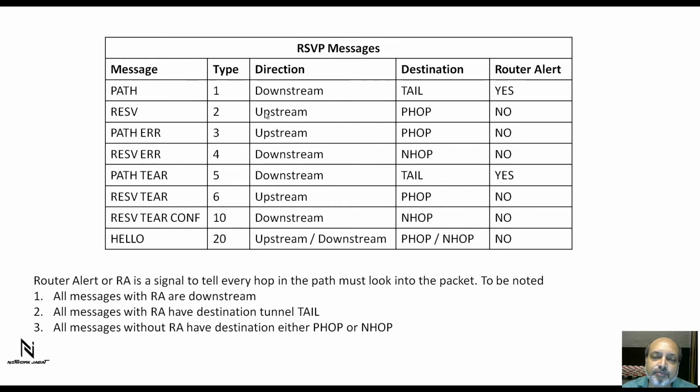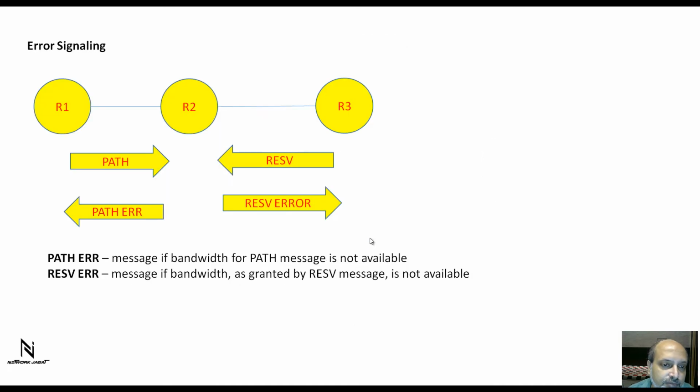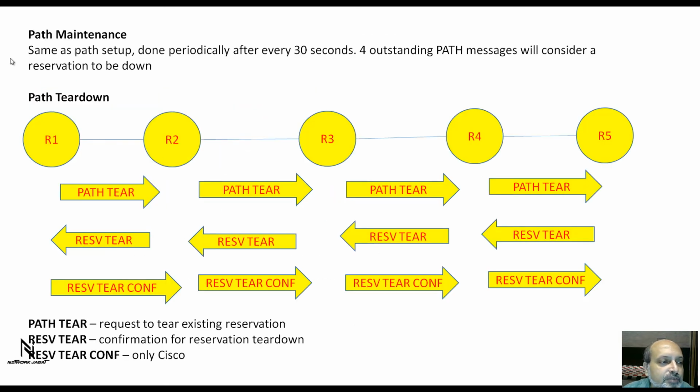Now direction. The path message is always a downstream message. RESV is upstream, path error is upstream, RESV error is downstream, path tear is again downstream, RESV tear is upstream, RESV conf is downstream, and hello is always upstream and downstream. What do you mean by upstream and downstream? Simple concept.